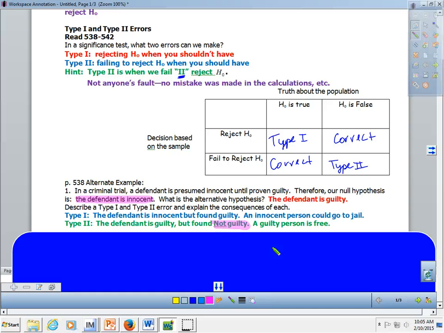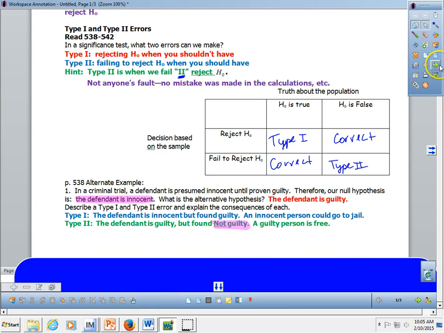That way we don't start sending a bunch of people to prison and find out that there's more that were actually innocent than there really should have been. Okay. So we block for that, and that's what we do when we set our significance level. We're going to block for that type of error if we think that's more egregious. Okay.